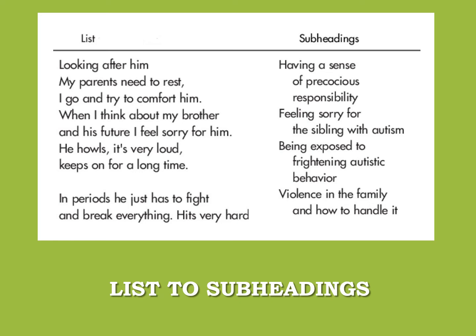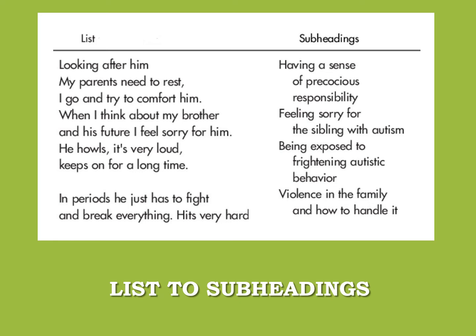She steps in and tells about what she does in this scenario, how she tries to help her parents by comforting her brother and how she feels about her brother. And then she talks about some of the behaviors that are particularly fatiguing and stressful.